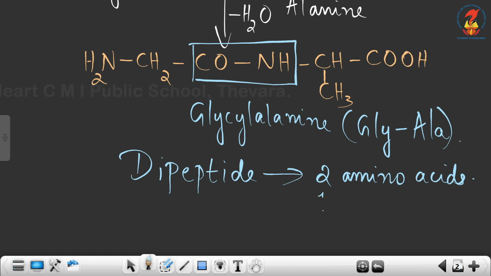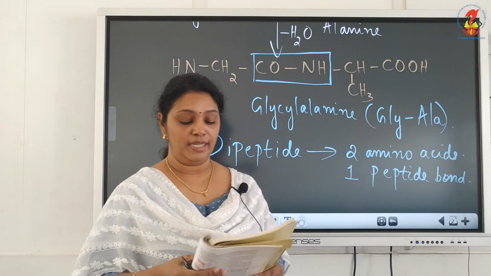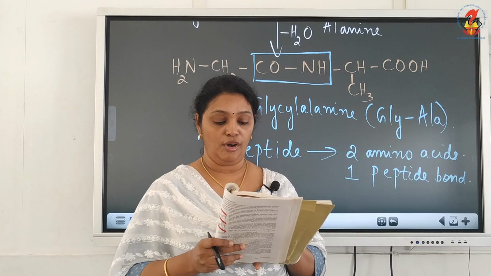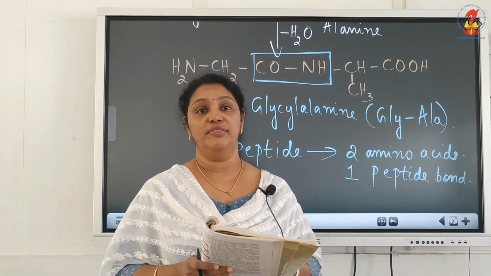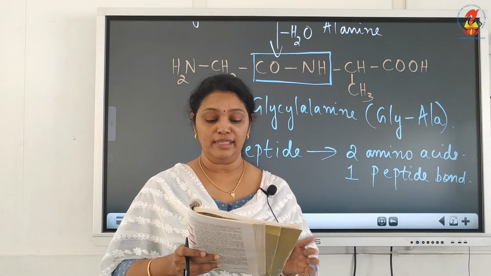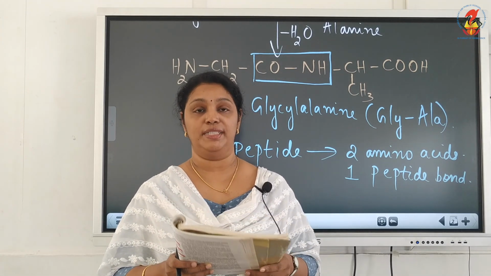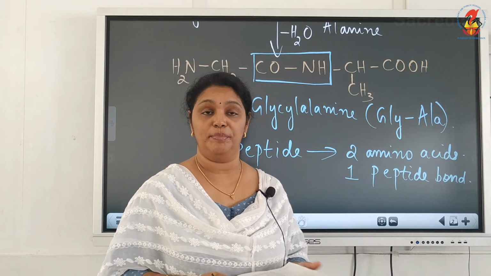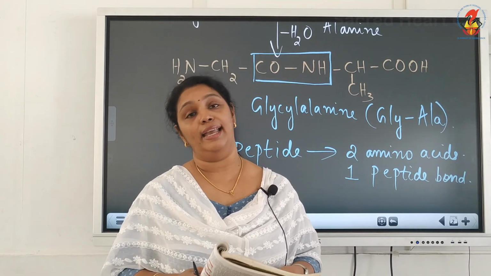And how many peptide bonds are present? One peptide bond. So, a dipeptide is formed when two amino acids combine. And here the name of the dipeptide formed is glycyl alanine.